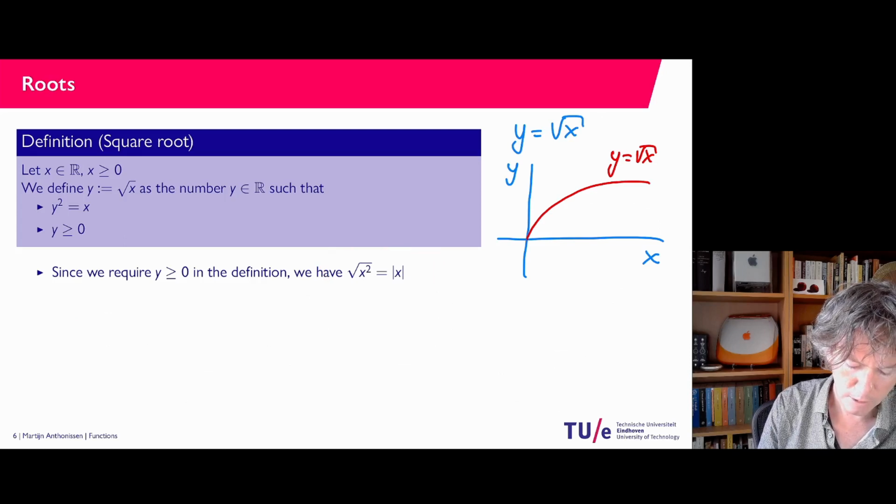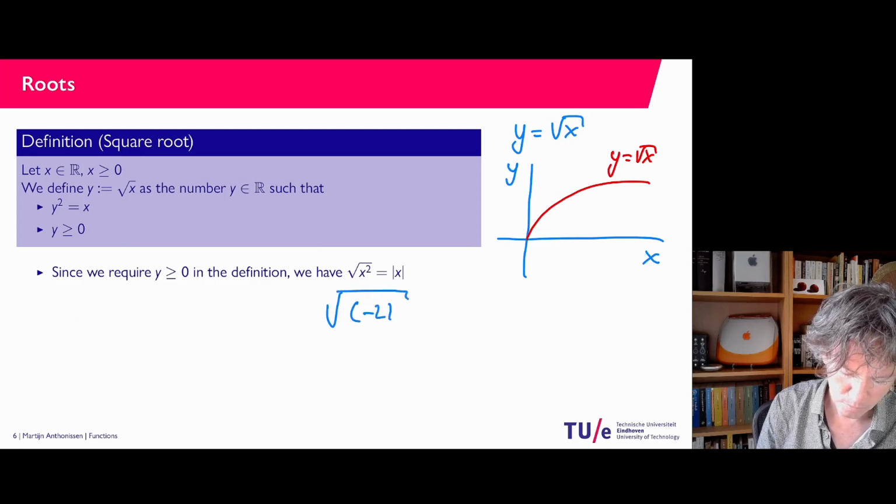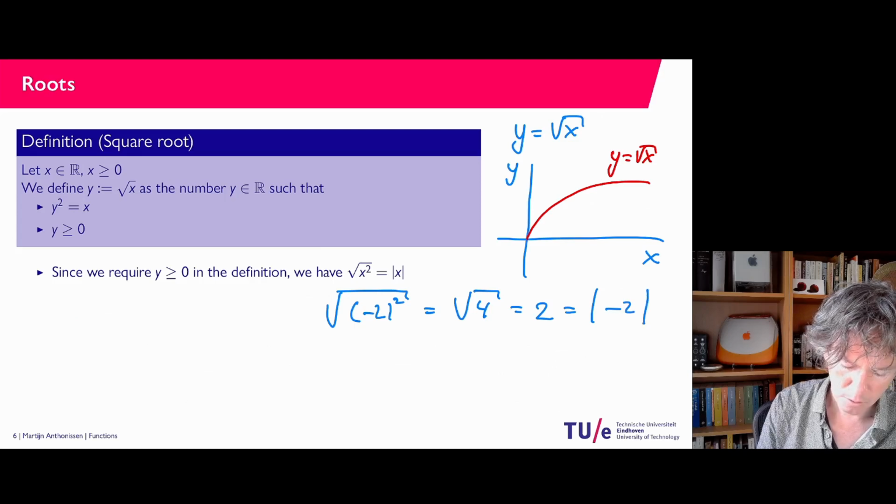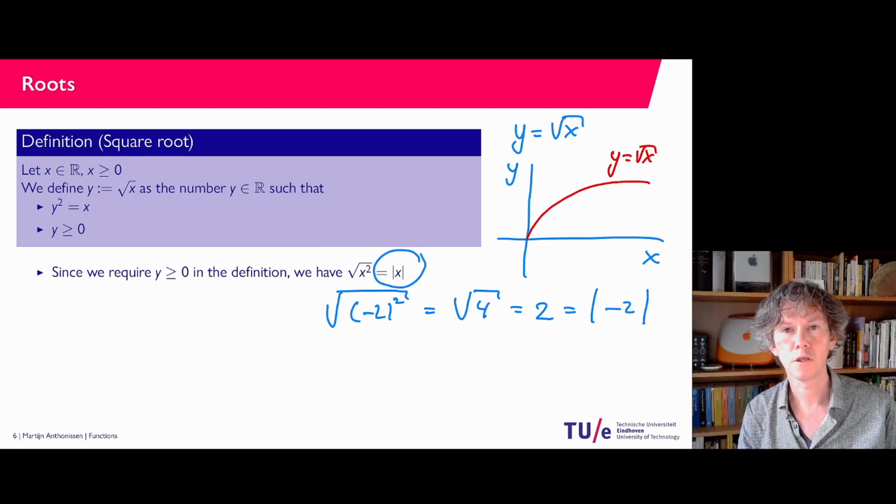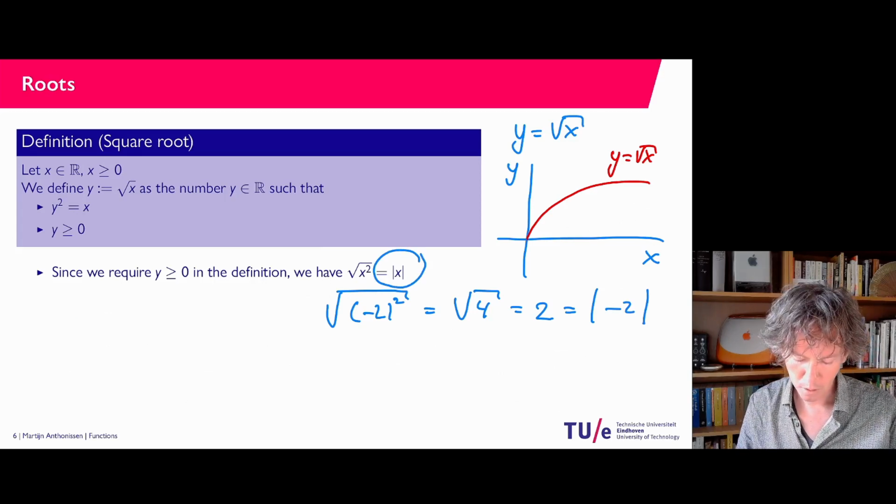So if I write that out for an example, if you would take the square root of minus 2 squared, that is the square root of minus 2 times minus 2, which equals 4, and that is 2, which is the absolute value of minus 2. So that's why we have an absolute value here, and then it always works.